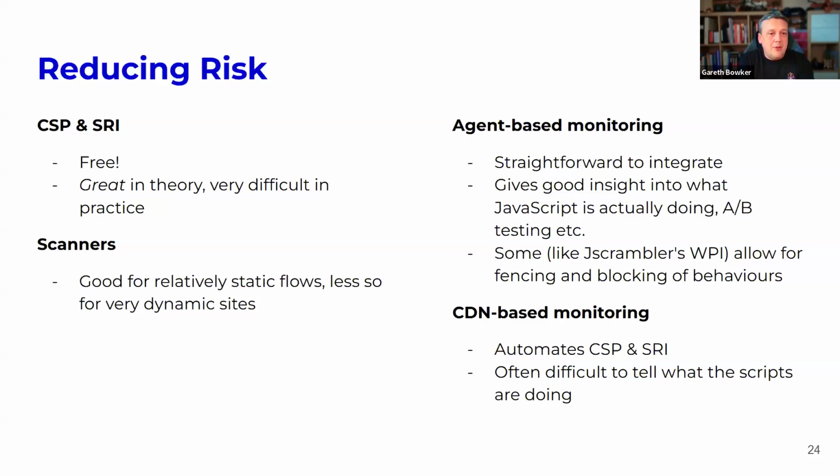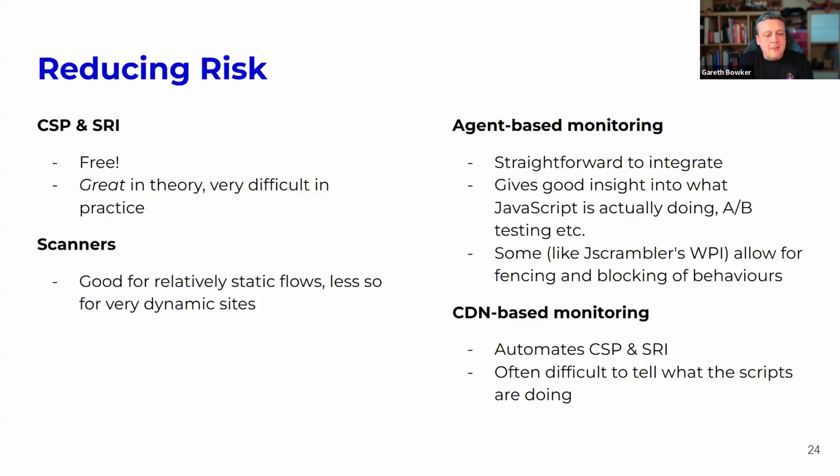Jscrambler, for example, has a scanner where we inject our agent into the page, and we're able to see the behaviors and so on of what's happening. Other vendors have similar sorts of tools here. It's great when the flow to get to that payment page is relatively static. If there's a checkout page that you can always get to, really simple.